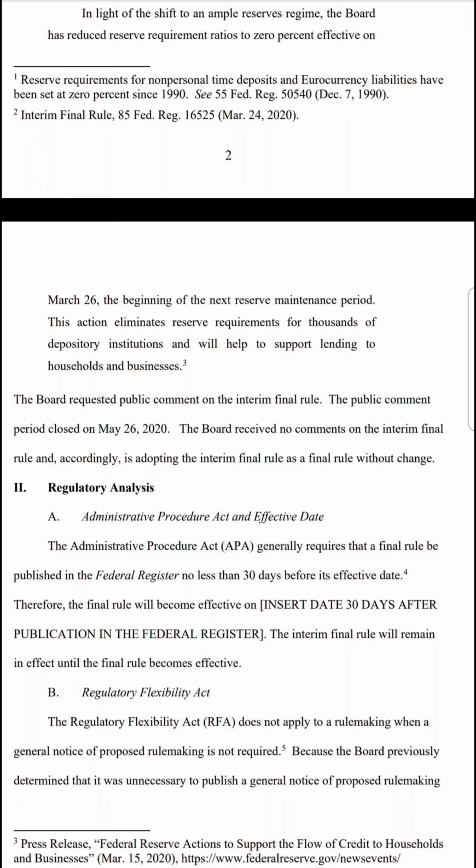The board requested public comment on the interim final rule. The public comment period closed on May 26, 2020. The board received no comments on the interim final rule and accordingly is adopting the interim final rule as a final rule without change. Wow.